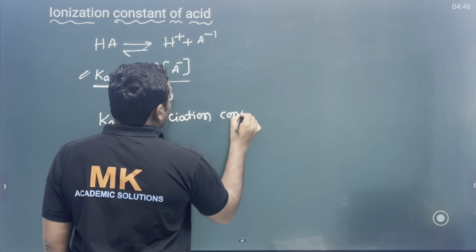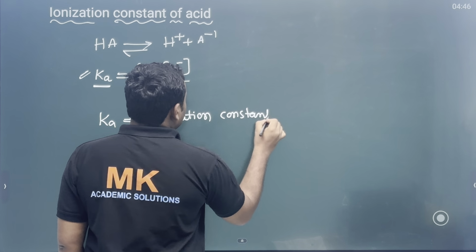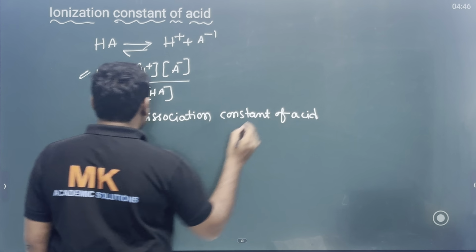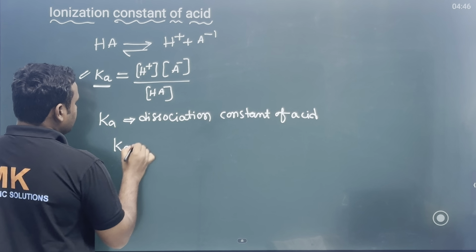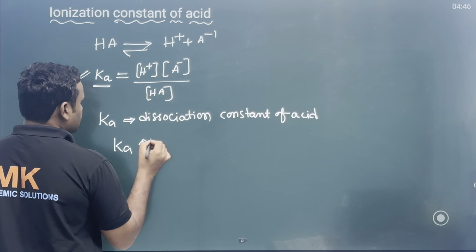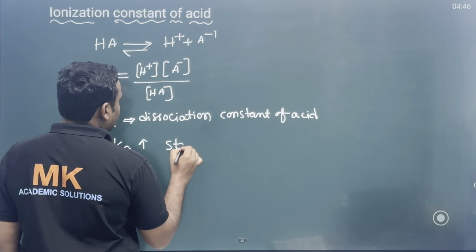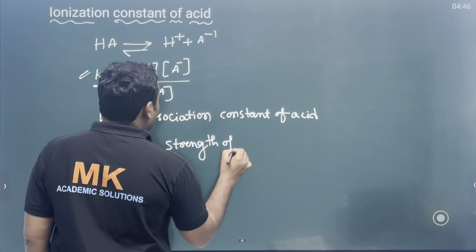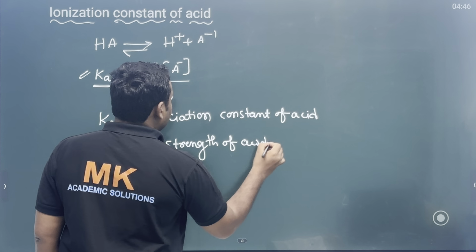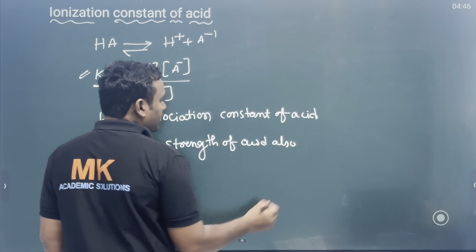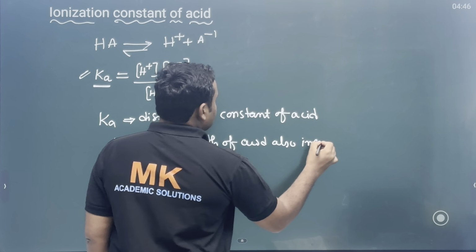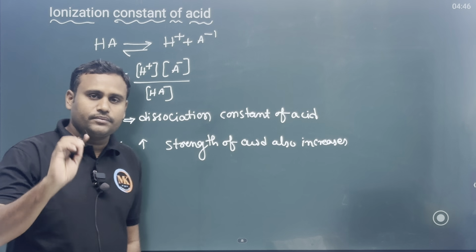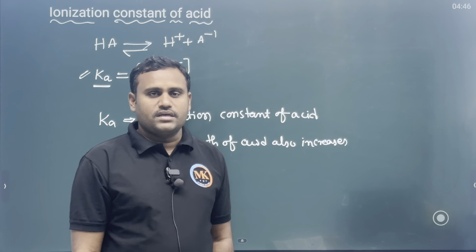See here, as Ka increases, the strength of acid also increases. Strength of acid also increases. Means Ka is the direct measure of strength of acid.